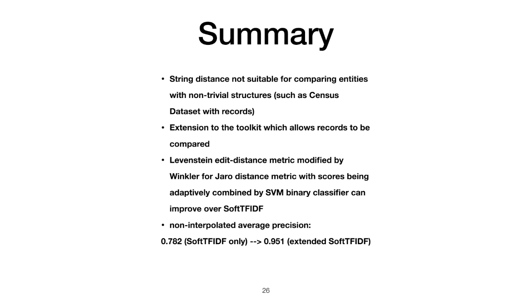For example, one is the Levenstein edit distance metric, modified by the Winkler Jaro distance metric, with scores adaptively combined by an SVM binary classifier. And this can improve over soft TF-IDF. The result is that the non-interpolated average precision is improved from 0.782 to 0.951.